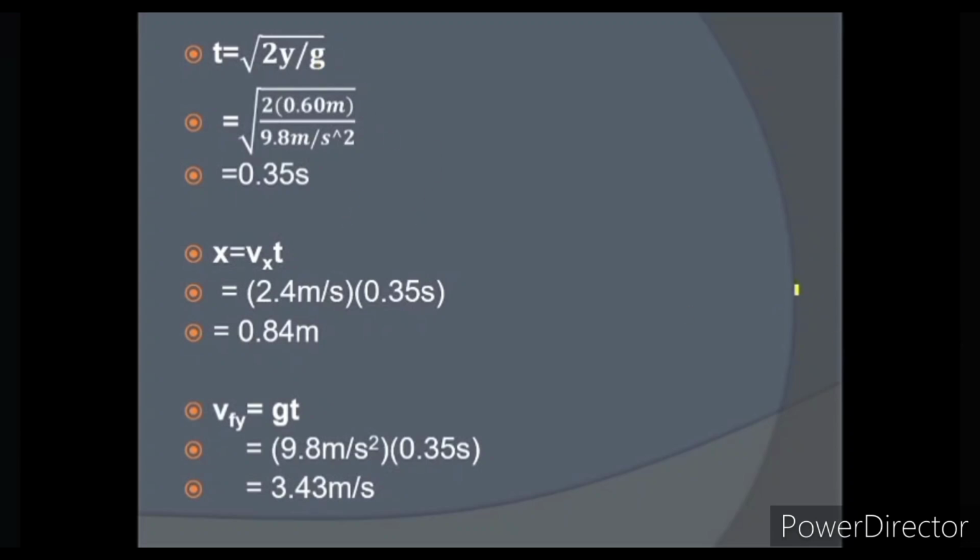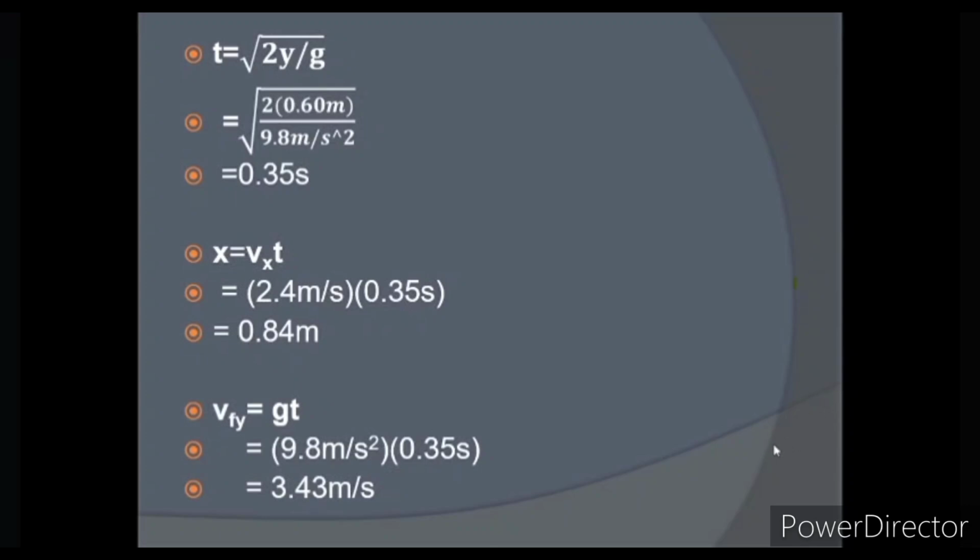So, meron tayong square root of 2 times the value of y, which is 0.60 meter.